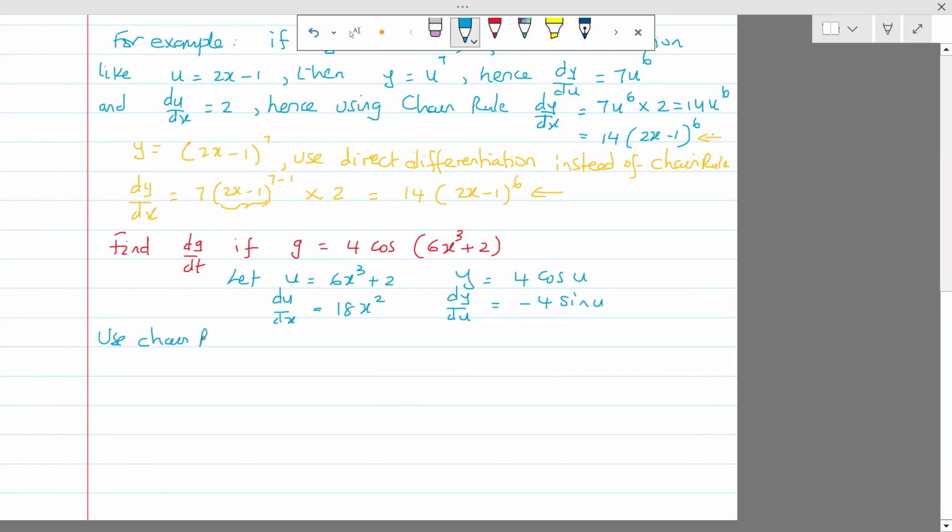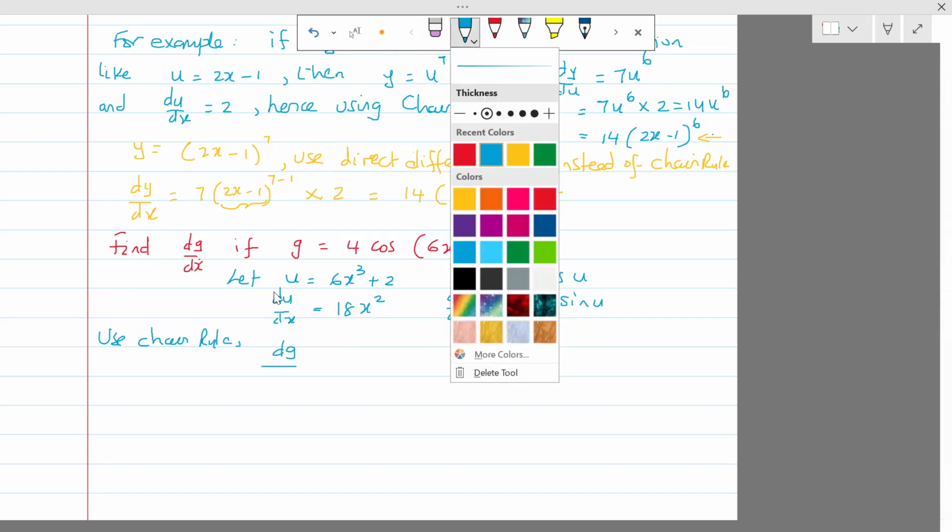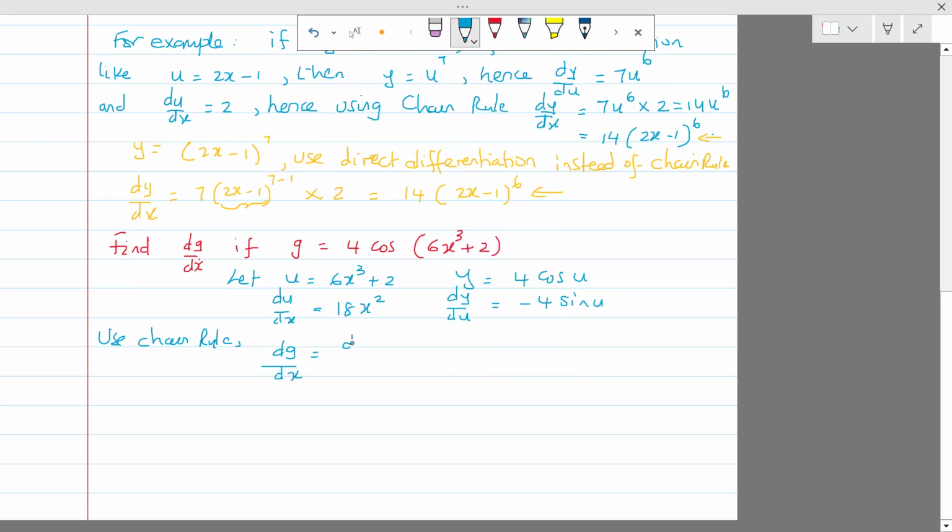Then you use the chain rule. So dg by dx, because g becomes all this, dg by dx is dg by du times du by dx. dg by du is minus 4 sine u times 18x squared.